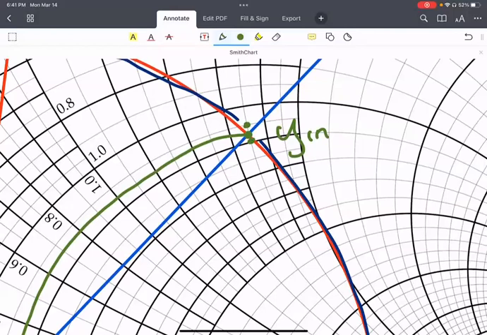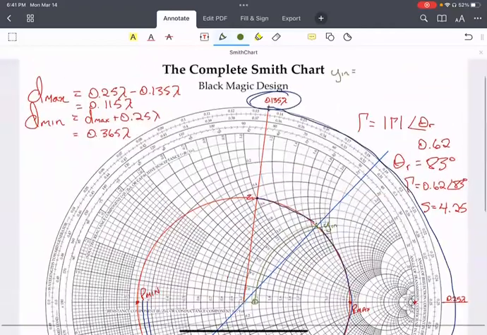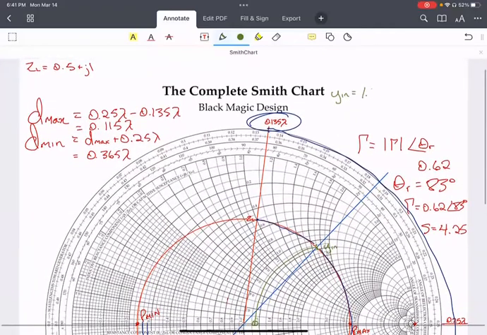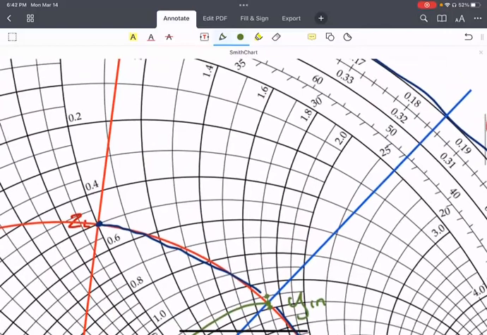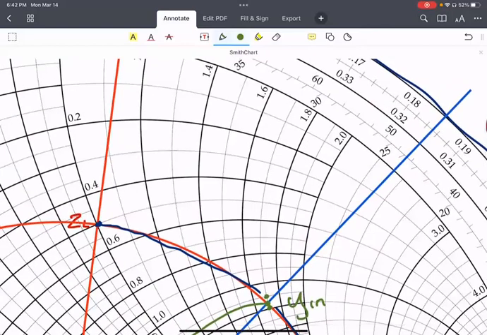That was your question? Oh, okay. Oh, fair enough. So we said 1.15. Is it plus or minus? Because we're in the upper half. And now we need to read off the value.